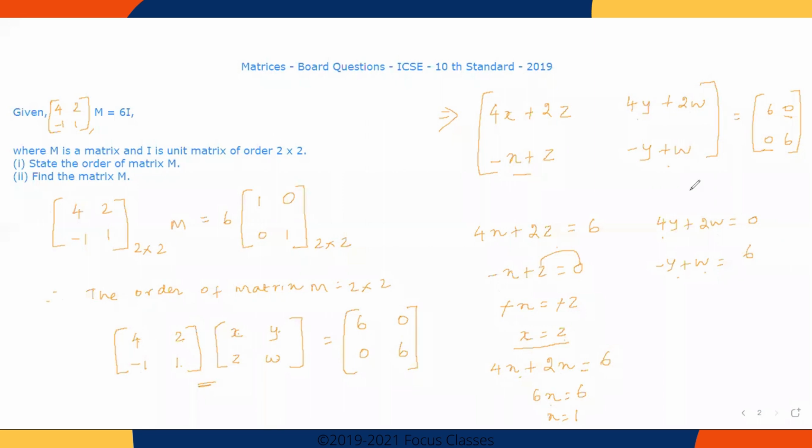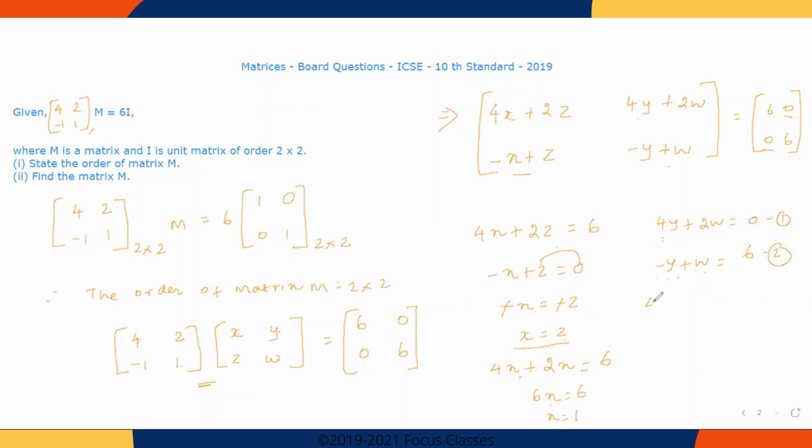So just observe, 4y plus 2w is equal to 0 and minus y plus w is equal to 6. So we can call this one as first expression, and then this one as second expression. So now here we have 4, here we have minus y. So we can multiply the entire equation with 4.